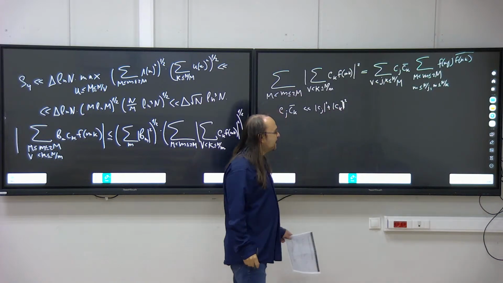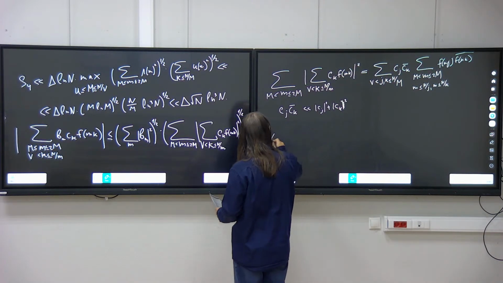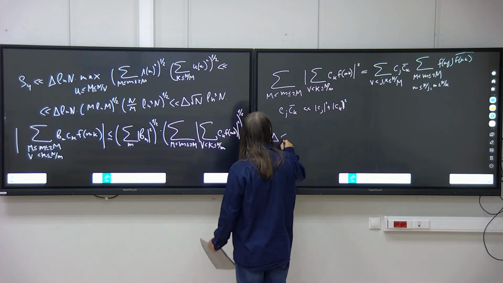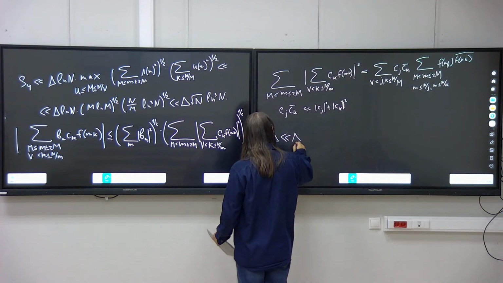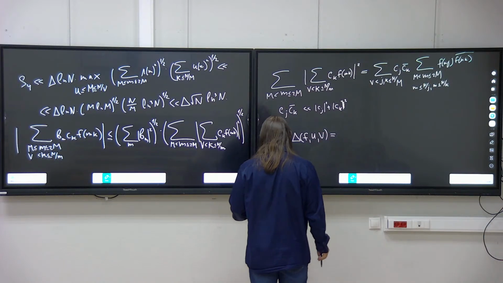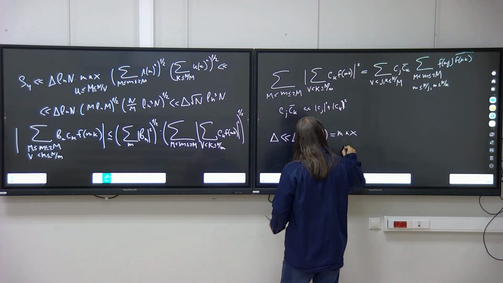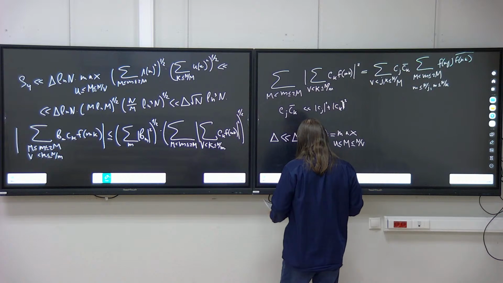And so applying this, but I do not want to go into the details further, you get that delta is at most delta of F U V, which is the following very large sum. Maximum over all M greater than or equal to U, and less than or equal to N over V. This is the definition.